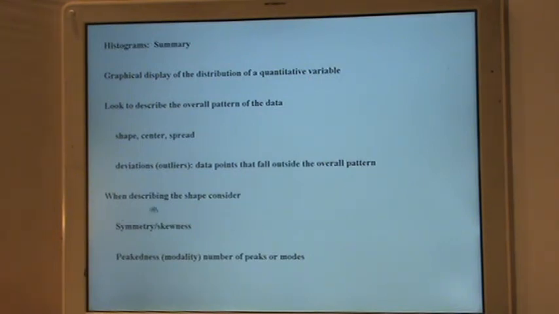When we're describing the shape, we want to consider the symmetry. Is it symmetrical or is it skewed? And that makes a big difference in the kind of data analysis techniques or statistics we would use. And the peakedness, or the modality. Is it uniform? Is it one mode, like a bell curve, or bimodal or trimodal?